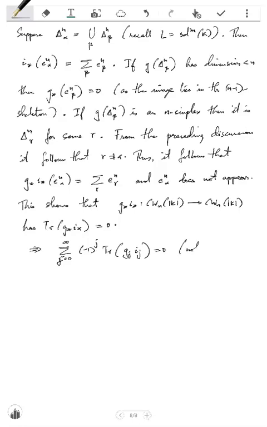So note that this is a finite sum, since CW dot is a finite complex. Only finitely many terms are not 0.